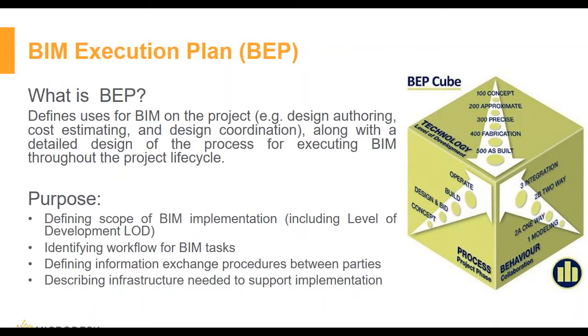And as you can see over here, this picture to the right is a really good summary of the BEP, because you can see that it includes the level of development or level of detail. And as we saw earlier, at 100, you have a conceptual level. At 200, you had an approximate level. At 300, you have a more precise, 400 fabrication, and 500 for as-built.